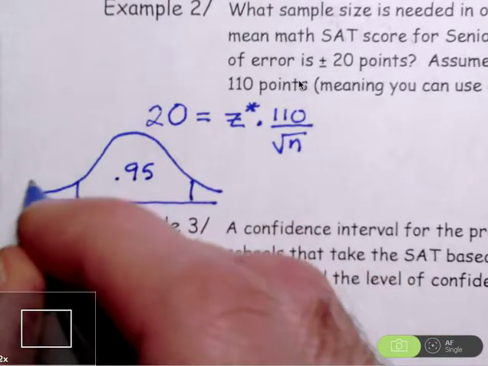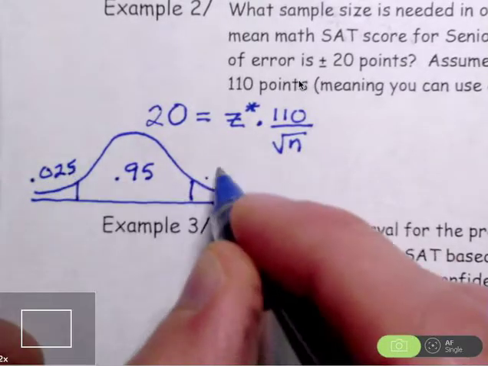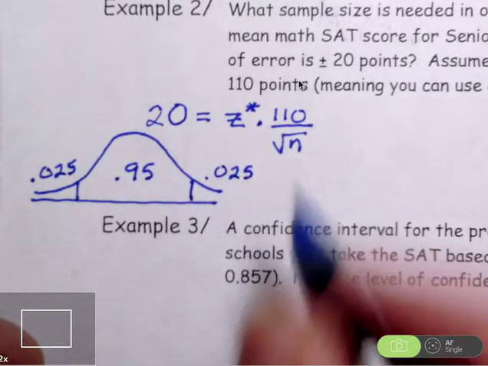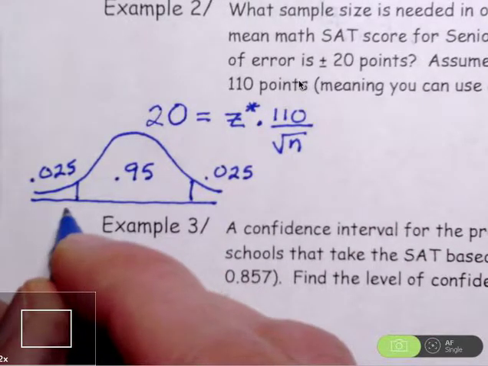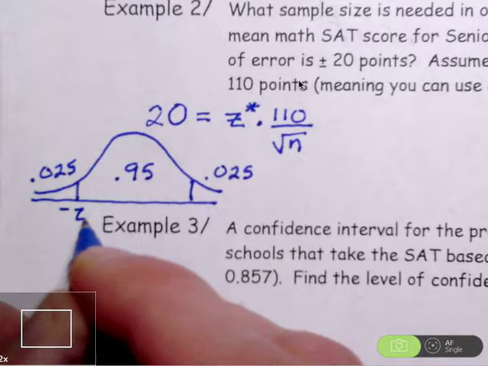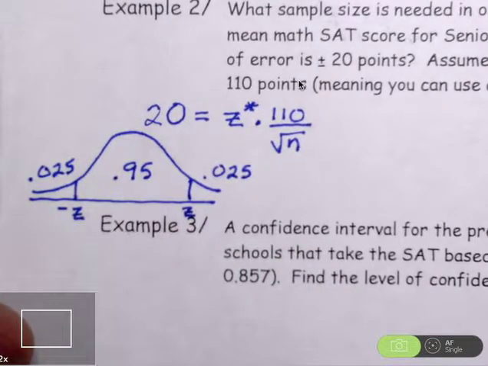So what that means is that we are eliminating the most extreme 5%, that's 2.5% on each side. So in order to find this critical value, I can either find this value here, which is the opposite of our critical value, or here's the positive version of that critical value.